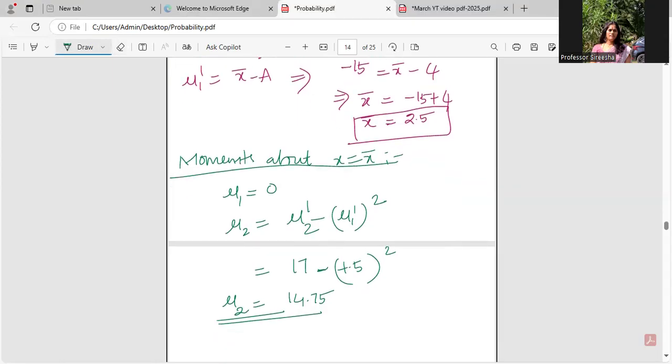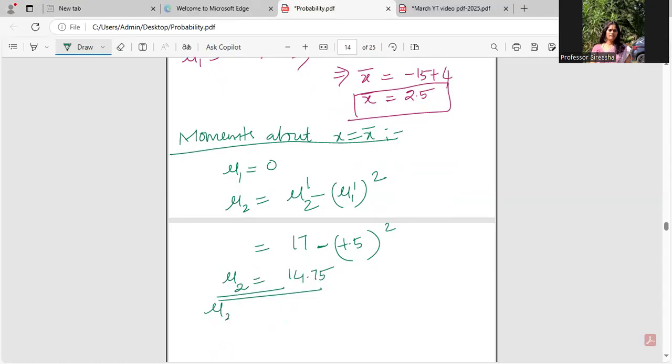Coming to mu3. Mu3 is mu3 prime minus 3 mu2 prime mu1 prime, where the suffixes add up to 3 again, plus, instead of 3 and 1, which simplify, 2 mu1 prime whole cube.